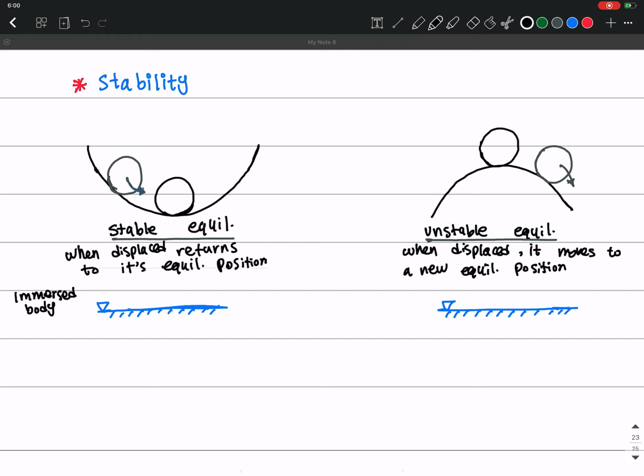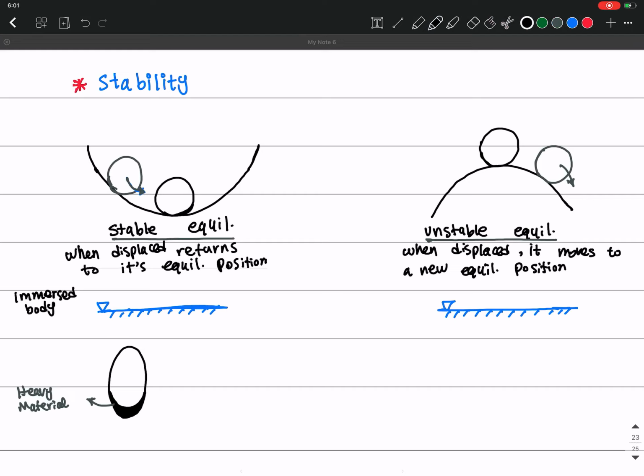So, and then we have an object inside, an immersed body object inside this water. Okay, so now what I'm gonna do is I have a heavy object at the bottom of it. So this object is not symmetrical, so this object has a heavy part at the bottom of it. So here we say heavy material.